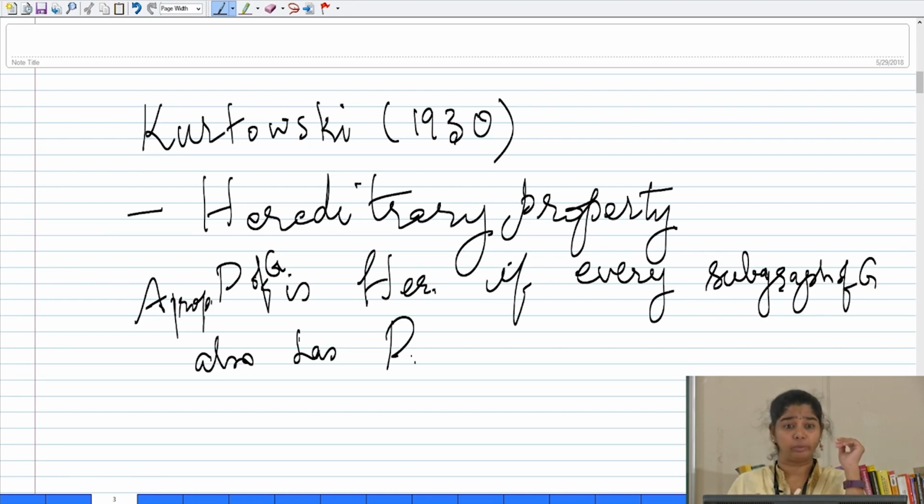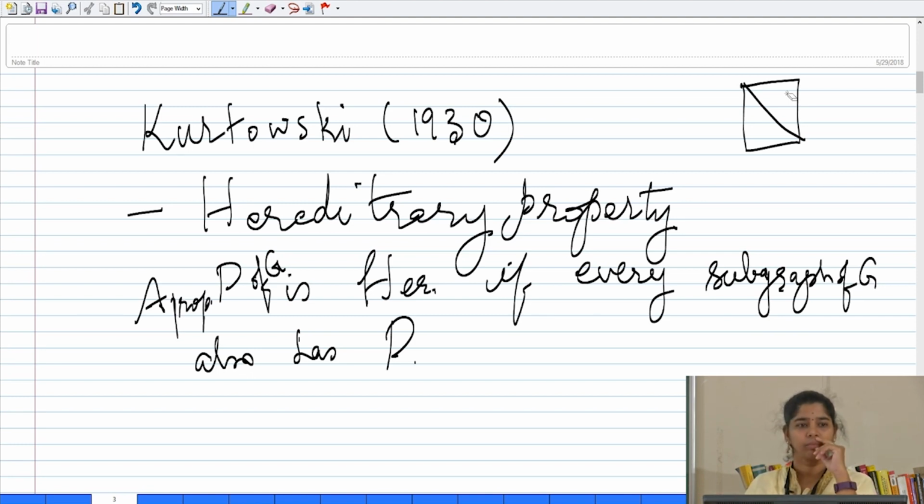I am not saying induced subgraphs. Suppose you are talking about completeness and I delete this edge, is it complete? This is a subgraph of Kn, right, K4. This is not complete, right. So, completeness is not a hereditary property. If you say induced subgraph, then it may be a hereditary property, right, but only for induced subgraphs. But this is not induced, right.